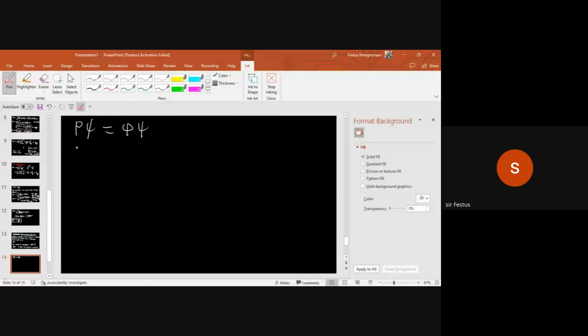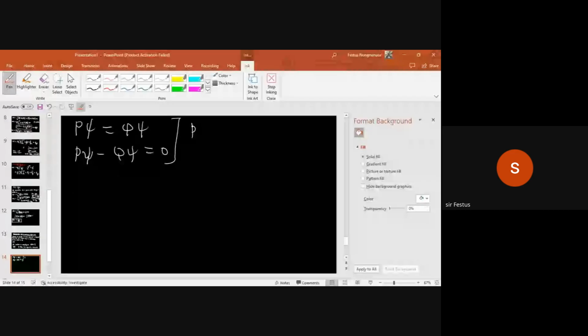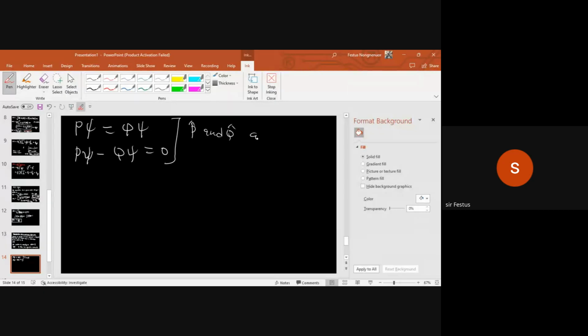So if I take PQ of psi minus QP of psi, that should be 0. And this is what will tell me that P and Q are commutators, or commute.